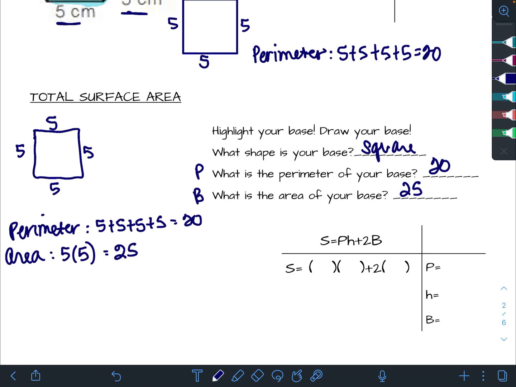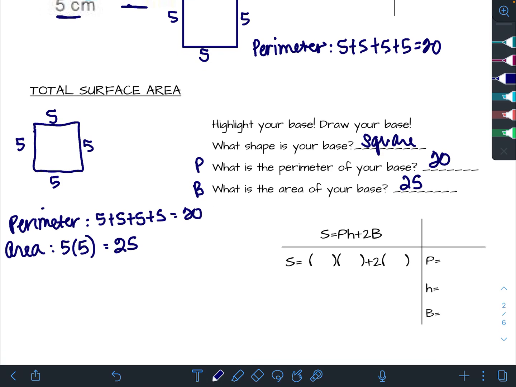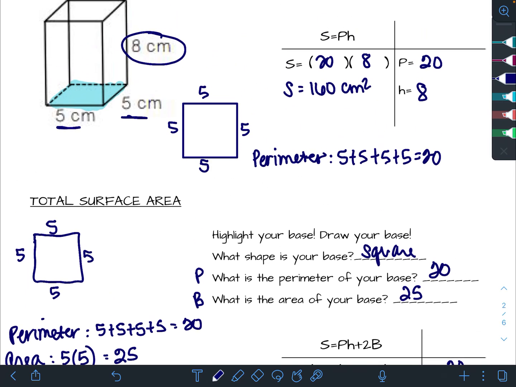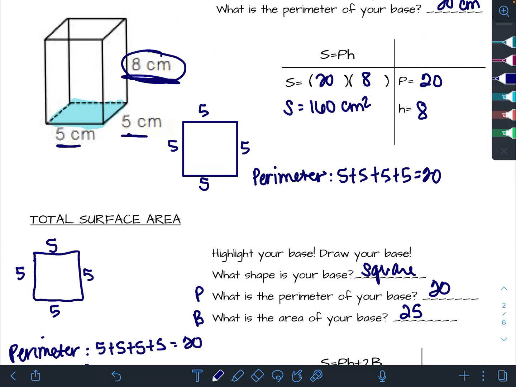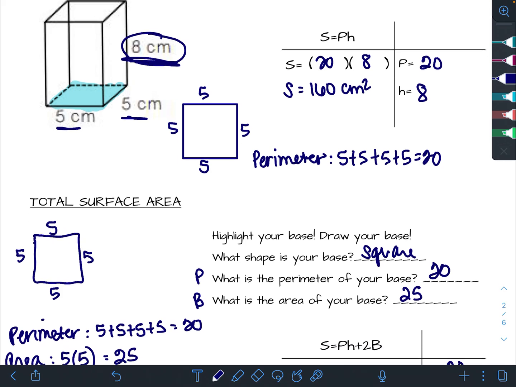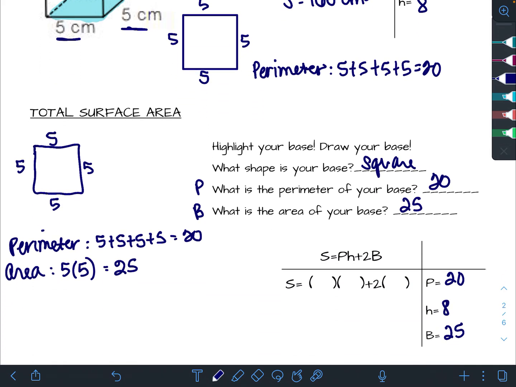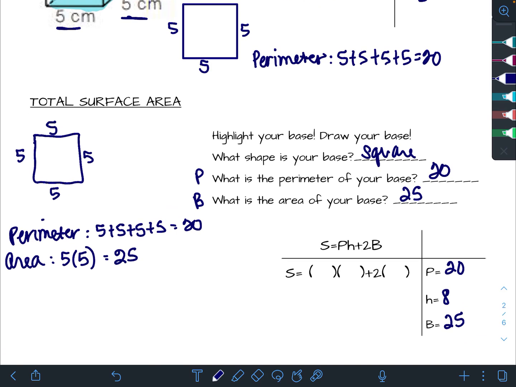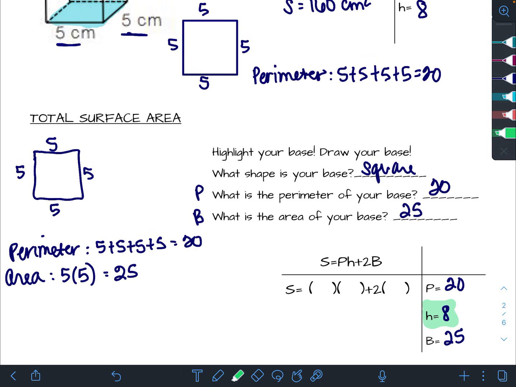So if I can now go put those into my T-chart, I know my perimeter is 20 and I know my big B is 25. Again, this 8 is that extra number that I didn't use in regards to my base, so I know that this 8 is going to represent the height of my prism. Remember, this H right here is the height of your prism, not the height of your rectangle, not the height of your base.